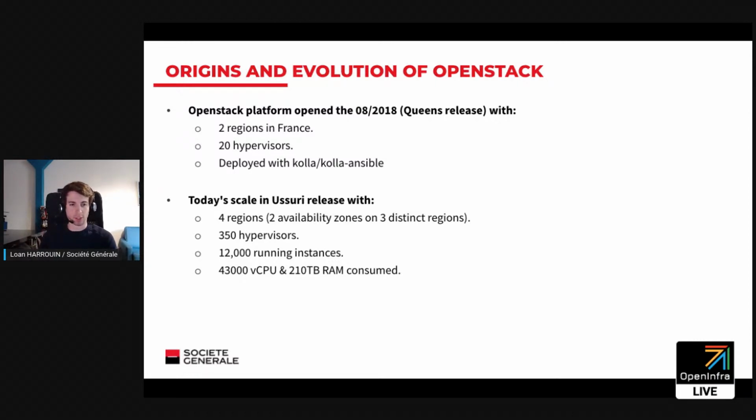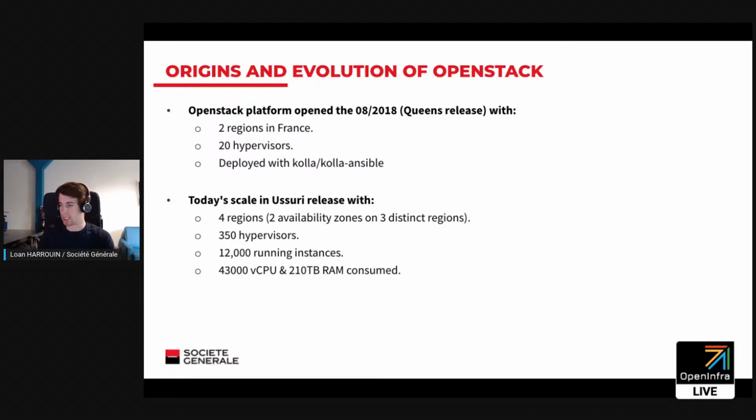We had just 20 hypervisors, and we used Kolla and Kolla Ansible to deploy it because it was very easy to use, and also it's easy to integrate Ceph with Kolla Ansible. We wanted Ceph as a backend, so it was a good tool to use.